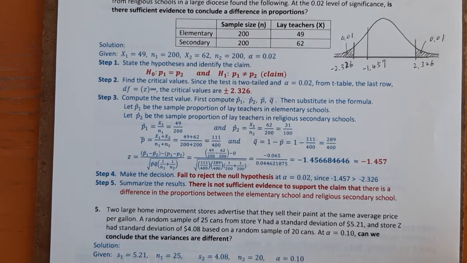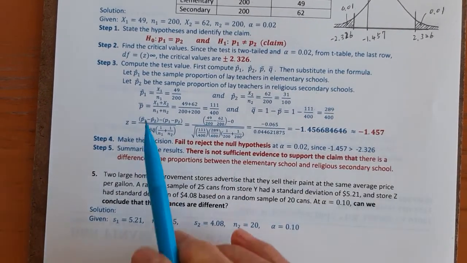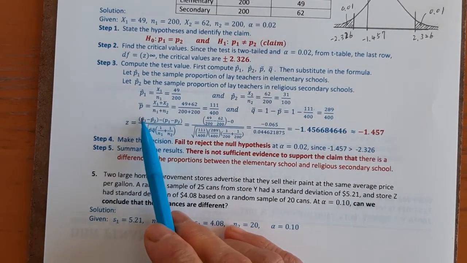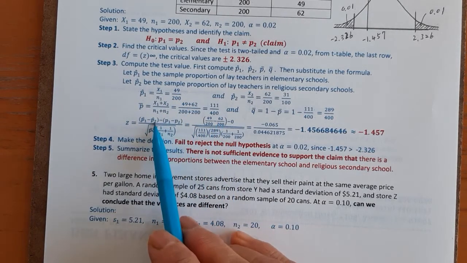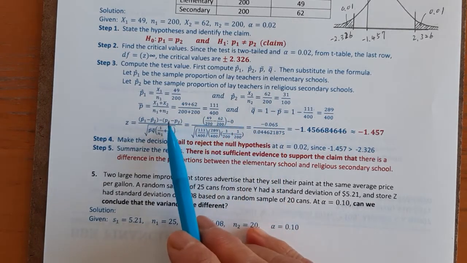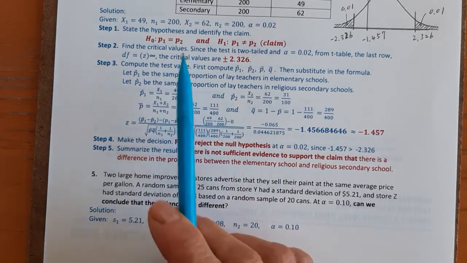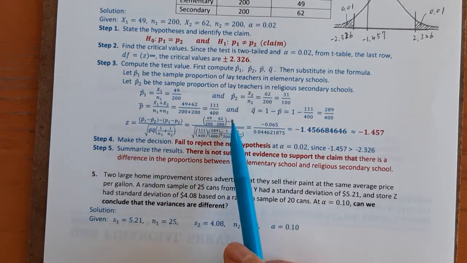And plug into this Z test formula: P1 hat, 49 over 200, minus P2 hat, 62 over 200, minus P1 minus P2. Since the null hypothesis is equal, the subtraction is 0.